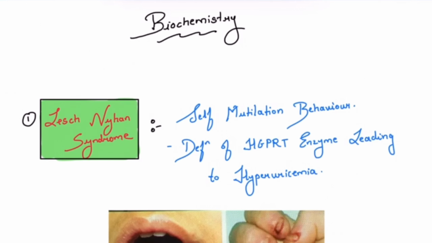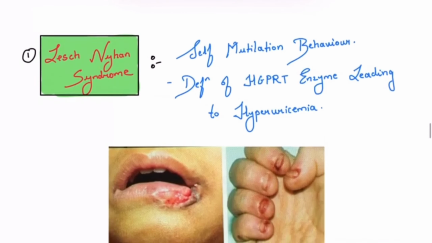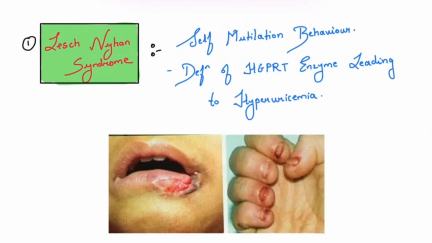Today we are going to talk about some high yield points from congenital disorders which are very important in your upcoming exams. First we are going to talk about Lesch-Nyhan syndrome. This is self-mutilation behavior. In this syndrome there is deficiency of HGPRT enzyme leading to hyperuricemia.